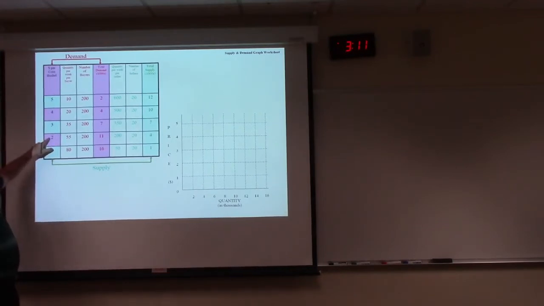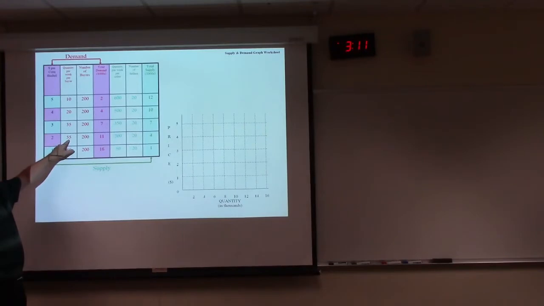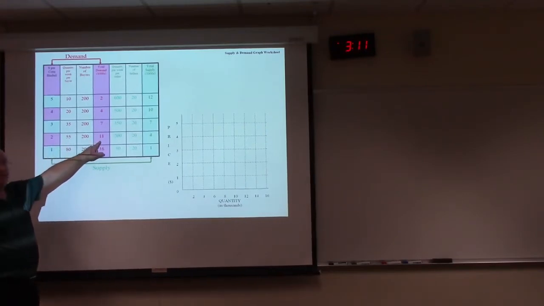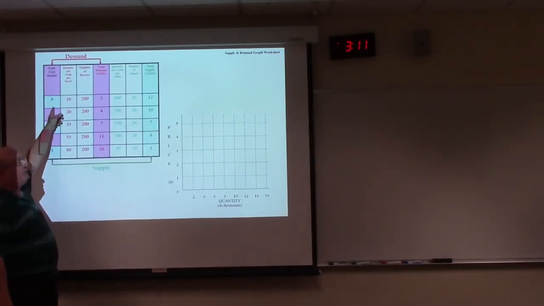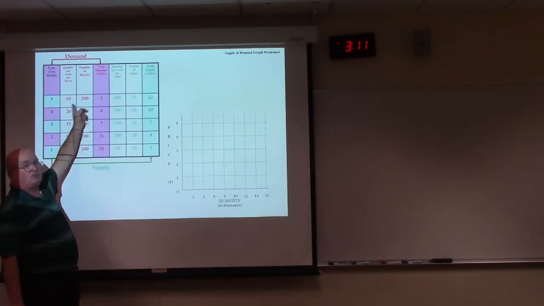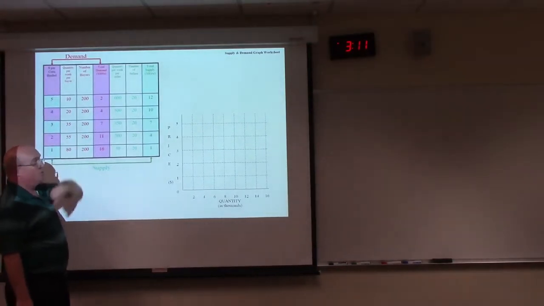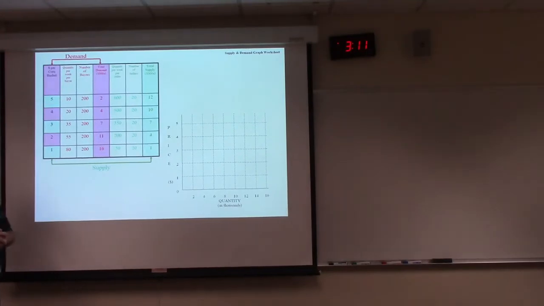So if the price doubles to $2, they're only going to buy 55 bushels. Times 200, 11,000. And so forth. You raise it again, 35, raise it again, 20, raise it again, 5. So at $5 a bushel, there's only going to be a demand for 2,000 bushels. That's all we're going to sell.